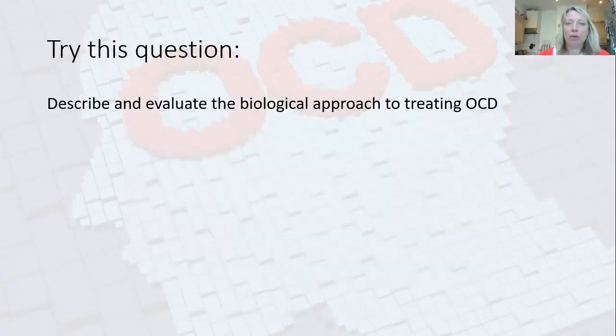Okay, now what I would also suggest that you do, and we're going to quickly flick through this now, but you can do it yourselves in proper time, is when you go back and look at this PowerPoint, stop on this slide. So you've got the question, which would be a normal 16 marker for the A-level paper, that says describe and evaluate the biological approach to treating OCD.